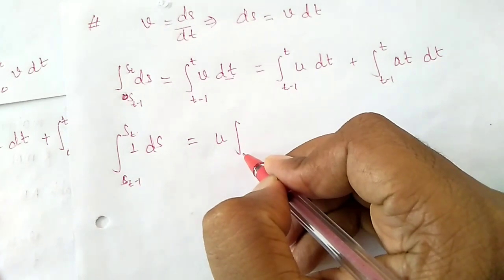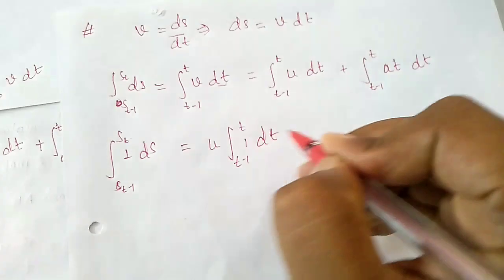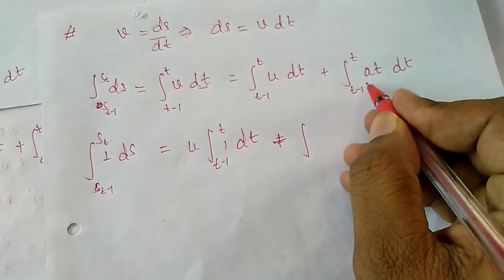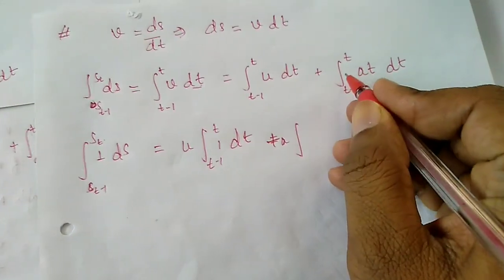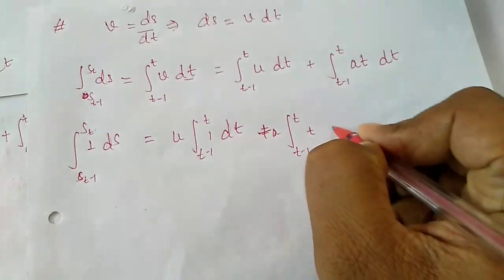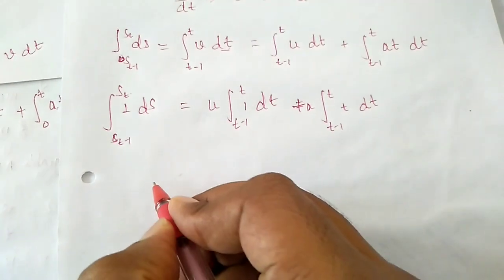So integration t minus 1 to t of dt, nothing is here, so 1 dt, same way, plus integration, this a will be out of the integration, a is not having any relation with that, so a, t minus 1 to t, t dt. Now let's integrate 1 ds function itself.